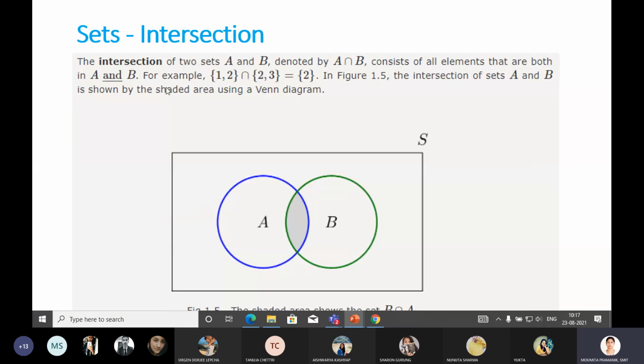In the case of the intersection of two sets, if this is set A and set B, we represent this shaded area. This shaded area is the intersection.